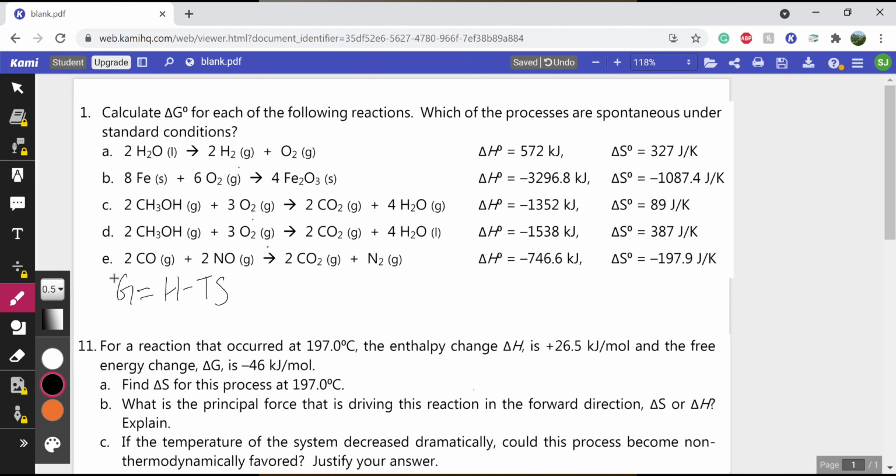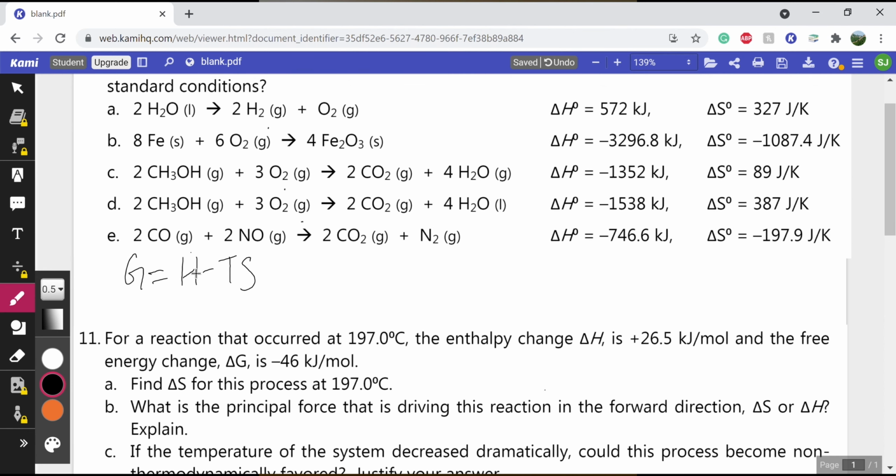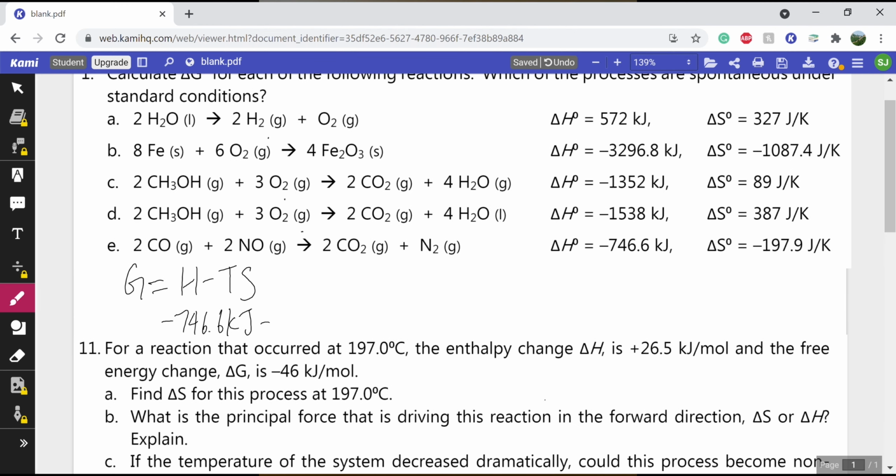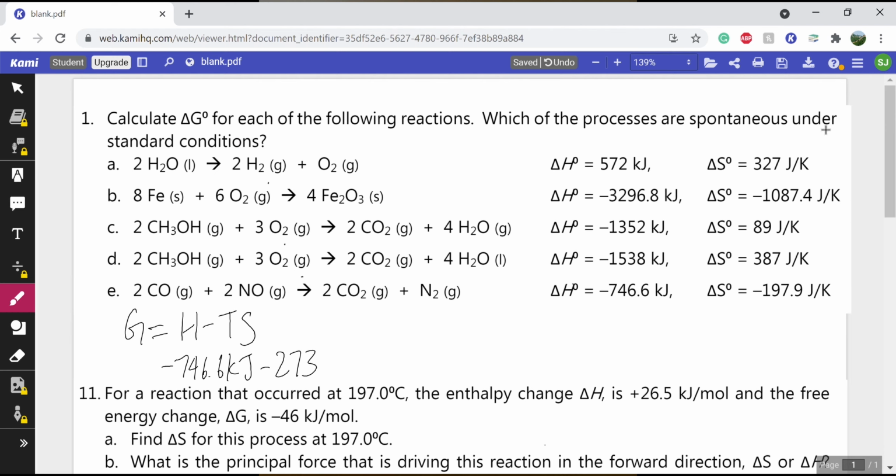For E, our H is negative 746.6 kilojoules minus temperature, which, if it's not stated, assume standard conditions.